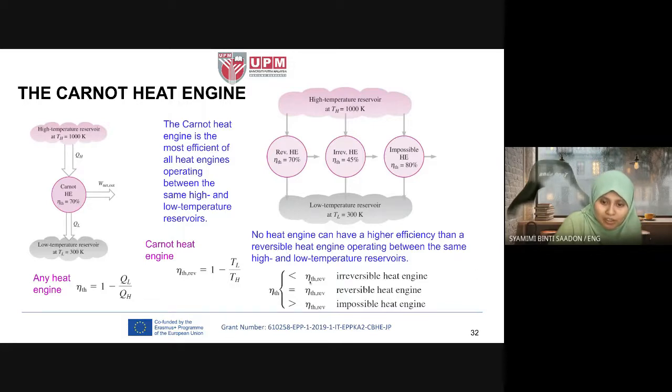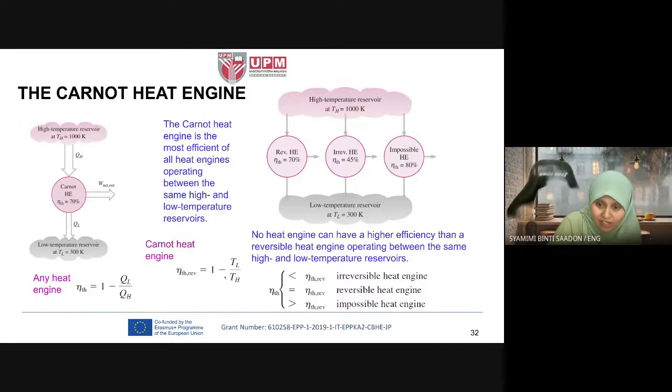If the thermal efficiency of the heat engine is lower than the reversible Carnot efficiency, it obviously means that the process is an irreversible heat engine. If it's the same, then it is a reversible heat engine, the ideal case, meaning the heat engine can achieve the same efficiency as the Carnot.